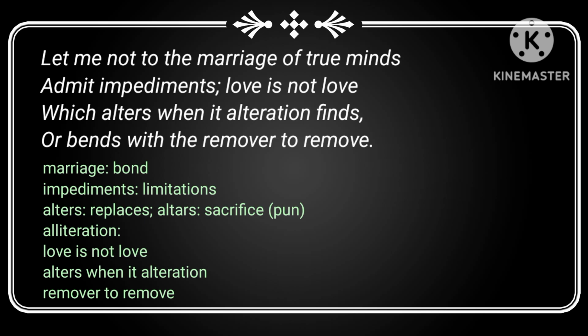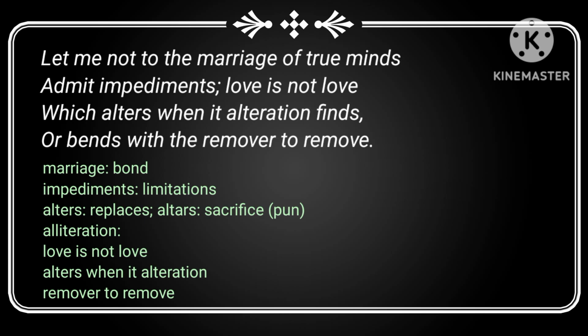And because this bond of love is faultless, the speaker says that he is not ready to admit, not prepared to accept, any impediments, any hindrance, any obstacles, any barrier in their love, in their friendship. He says, love is not love which alters.